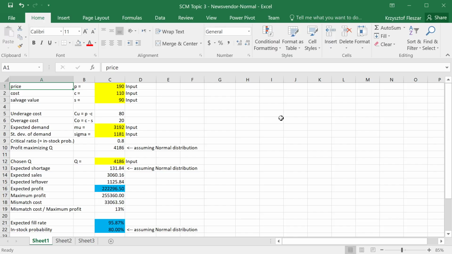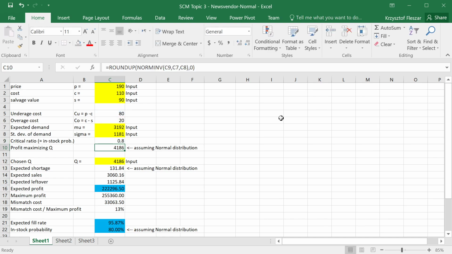So here is an example Excel spreadsheet that can do calculations for us, and we can try to solve for all three cases. Here you have the inputs: price, cost, salvage value, calculation of underage and overage cost, and then expected demand and standard deviation as other inputs. And here we calculate the critical ratio using underage and overage cost.